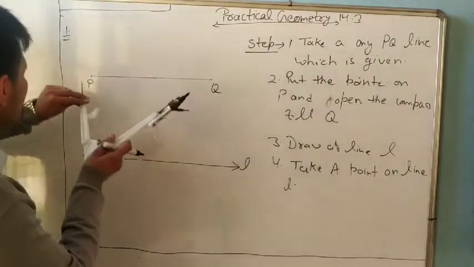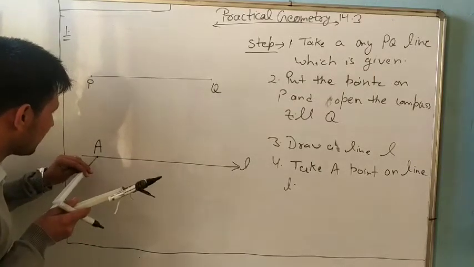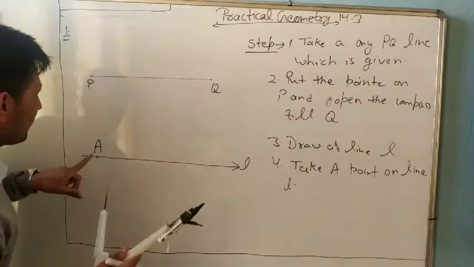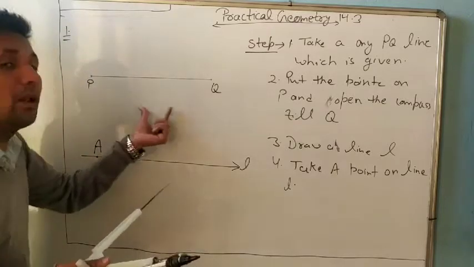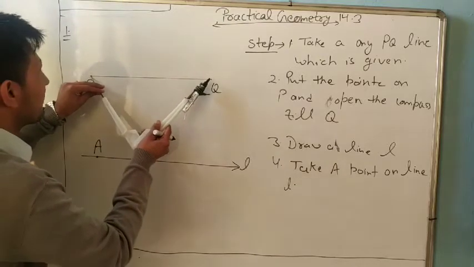But we know the total length P to Q, so put the pointer on A, because from this line we will make one more copy of PQ. So first we measure PQ.